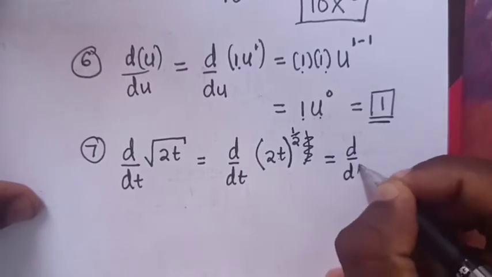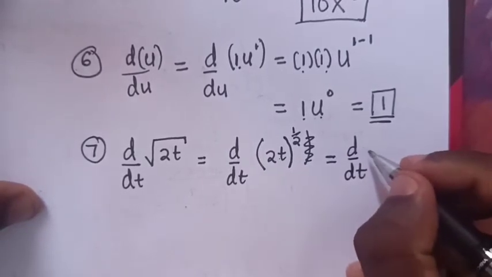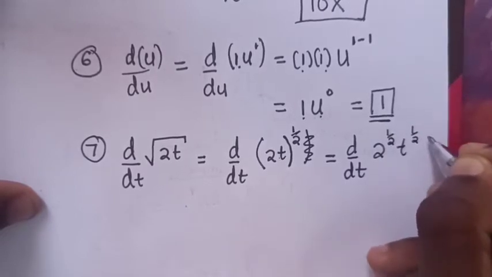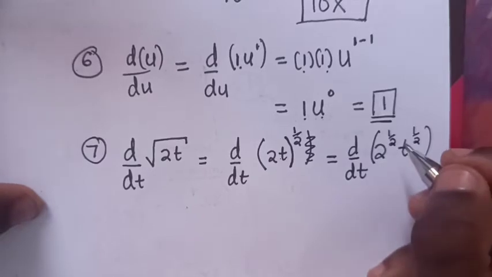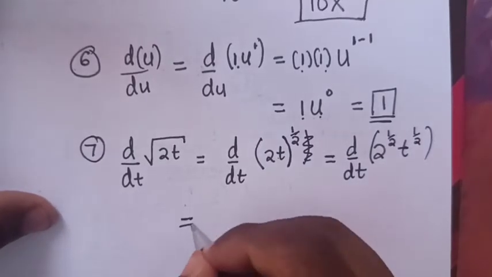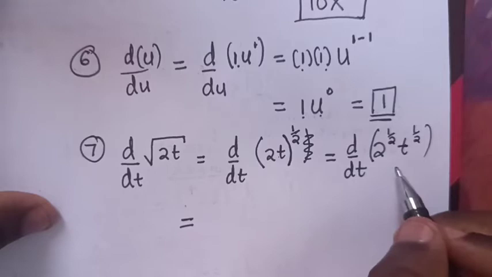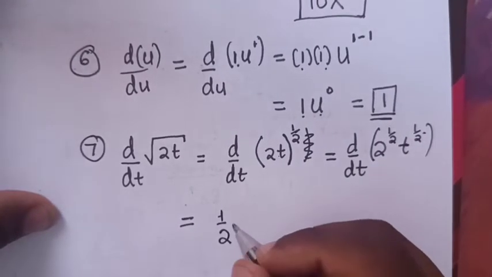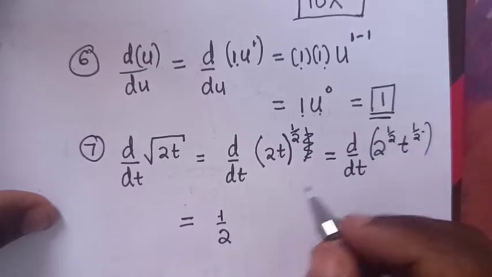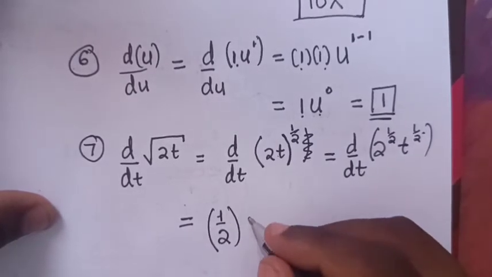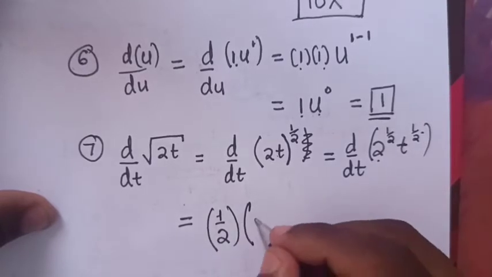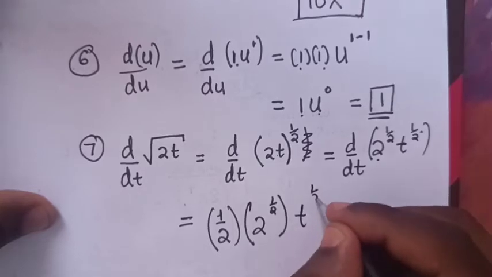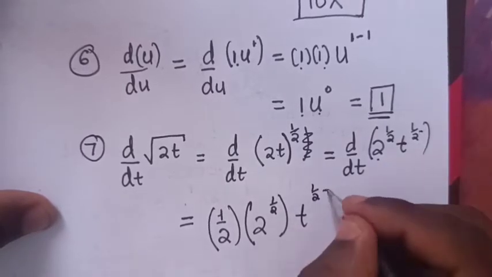Now when we take a half inside the bracket, it will be the derivative of 2 power of a half times t power of a half with respect to t. Now our exponent is a half times our coefficient, which is 2 power of a half, times t power of a half minus 1.